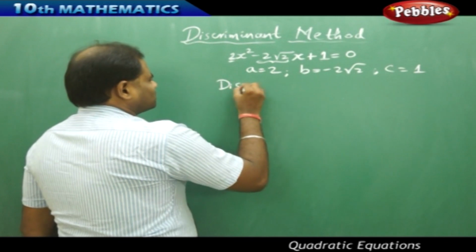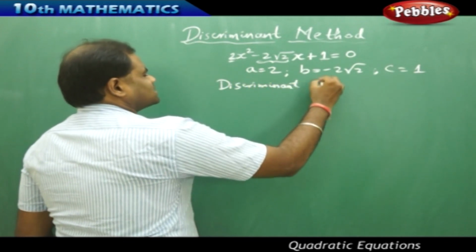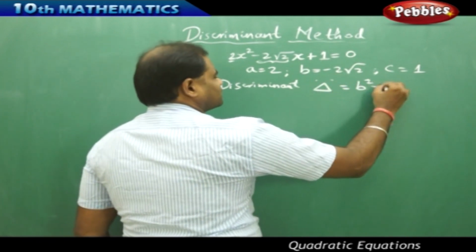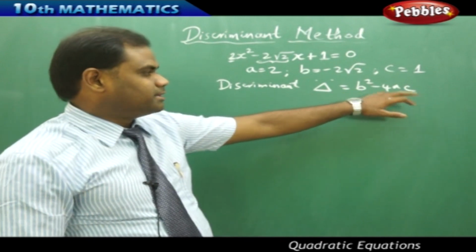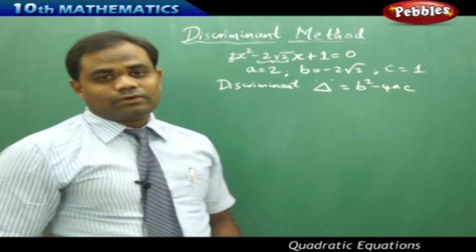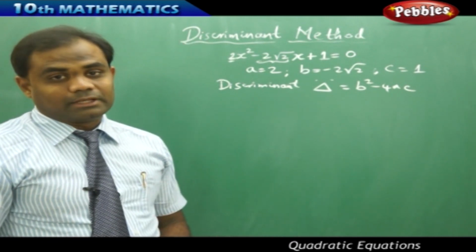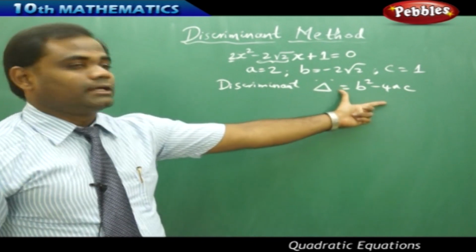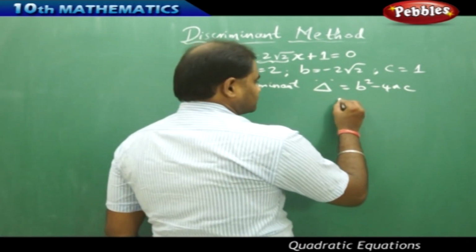So as we know that the discriminant delta is given by the formula b squared minus 4ac, then I simply substitute the values of a, b, c in this equation and I get the value of delta. So first, finding the value of delta is very important in discriminant method. So let's find delta in the initial case of solving the given quadratic equation.